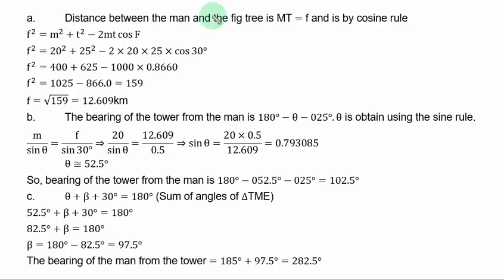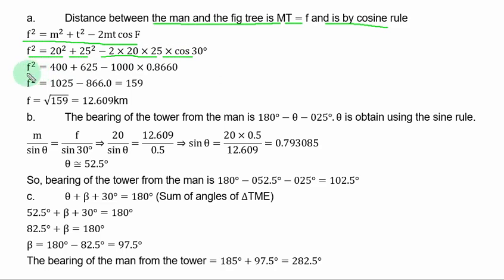A part of the problem, distance between the man and the fig tree, is MF, that is equal to F, and is by cosine rule. In terms of the three letters F, M, and T, you state the cosine rule in this form. So F squared is equal to 20 squared plus 25 squared minus 2 times MT, that is 2 times 20 times 25 times cos F, and angle F is 30 degrees.